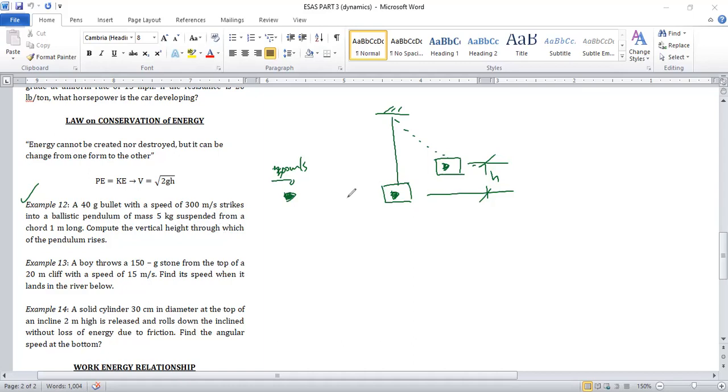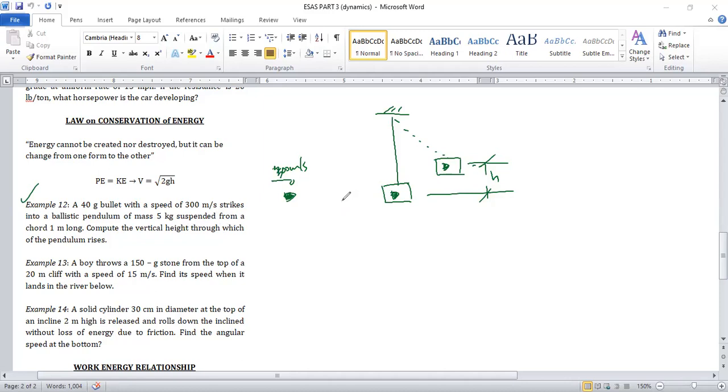Okay, so as you can see, the bullet has embedded in the pendulum.